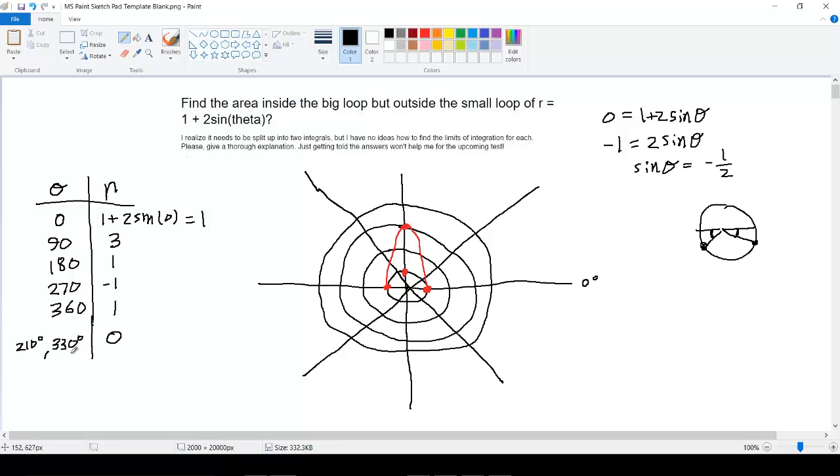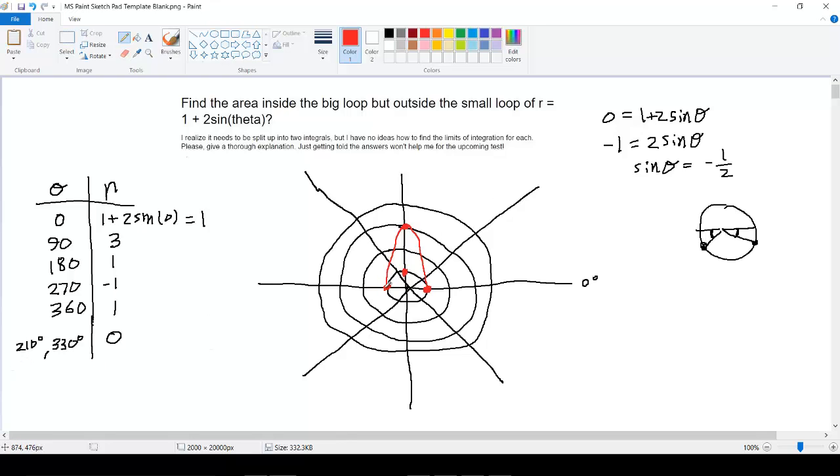So we have 2 locations where our function has an r value, a radius, whatever you want to call it, equal to 0. And so if we go back to here, we see that this point right here was 180, and then the next point was 270. 210 is between those.